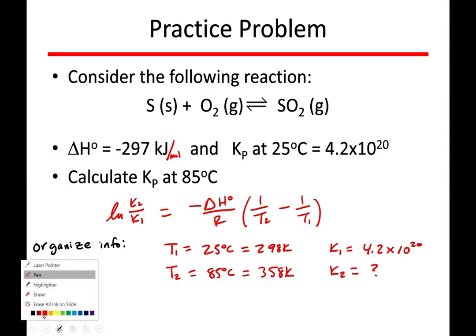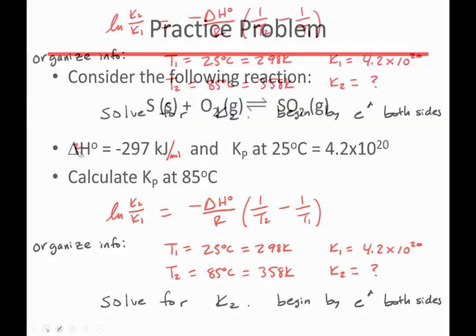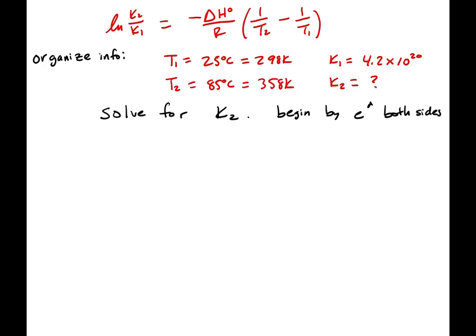Now we recognize that to get to the answer to this problem, you're going to have to solve for K2. So we're going to go over to the next slide and do that. The first step is that we have to get K2 out of the natural log, so we'll begin by taking e to both sides of the equation. On the left-hand side, e to the natural log, those two operations wipe out.